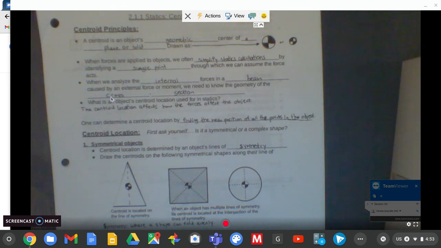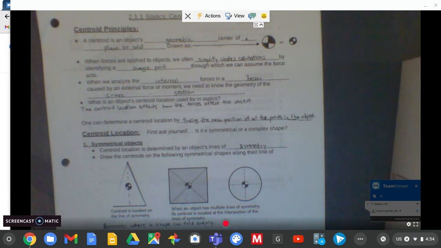And really, it's just showing you that if something was balanced on that exact point, then it would be completely balanced. Like if you had this circle and you put a pencil on it, it would be balanced. So that's what that means.